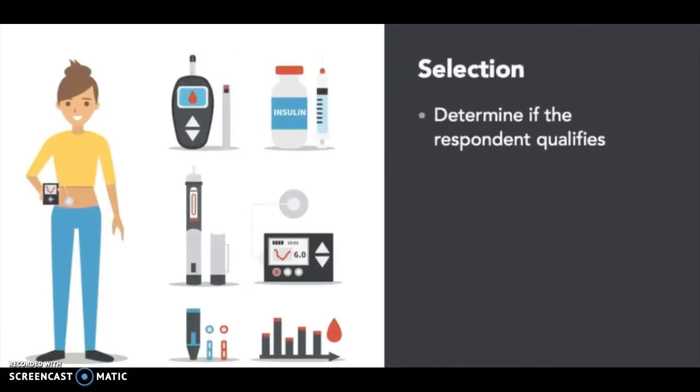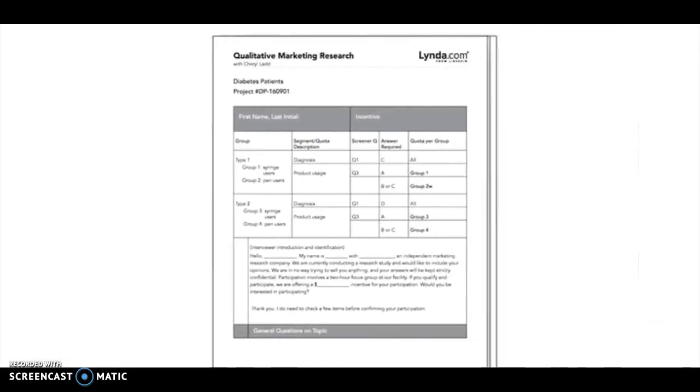You need to know if that person you are talking to qualifies for the study you are doing. Therefore, they need to answer certain questions. Then you need to determine if they have diabetes, which type, and also if they are using any medication in the treatment of the disease.